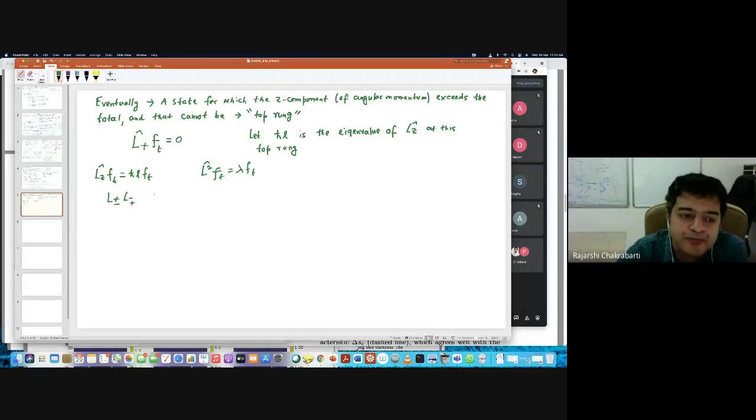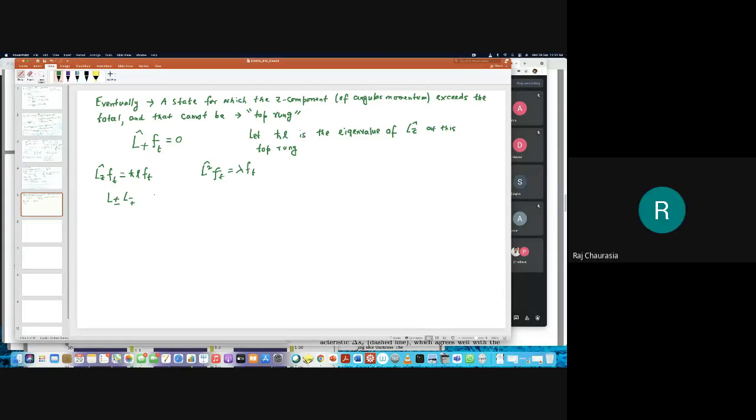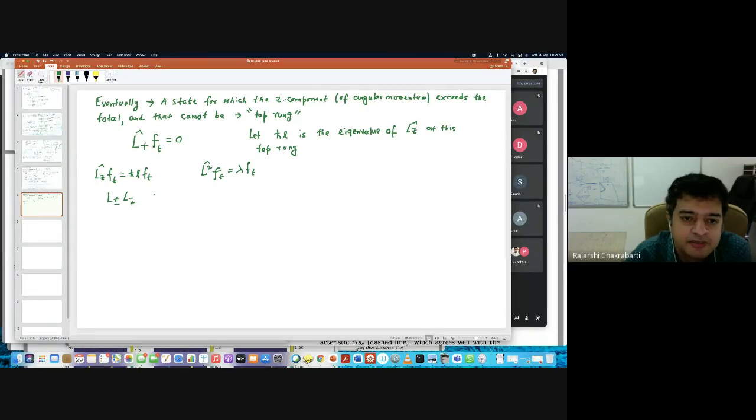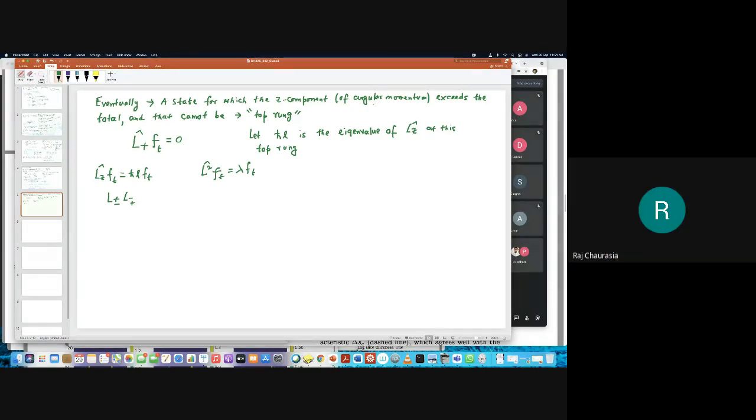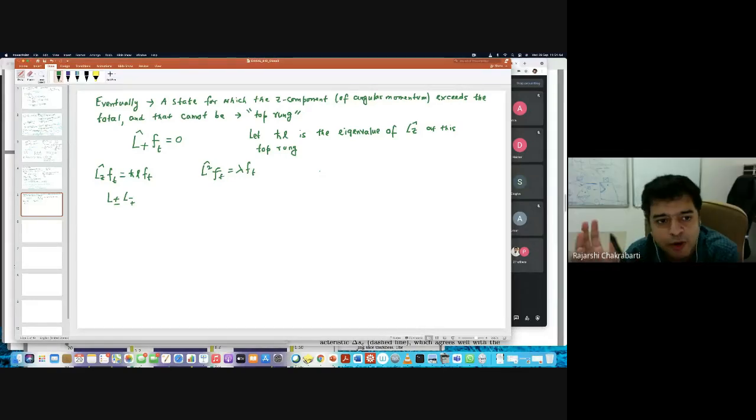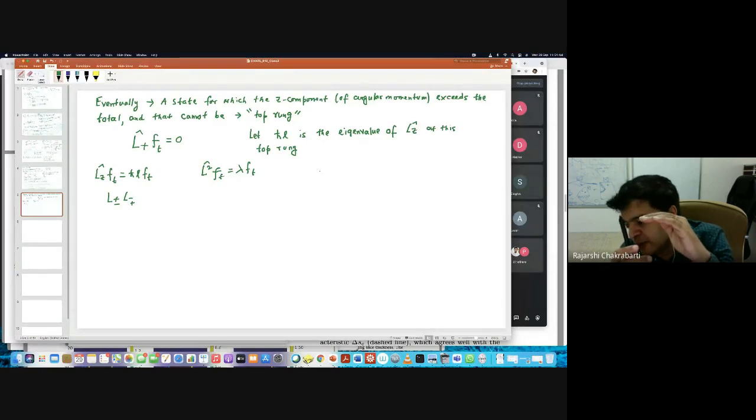Sir, it means that it will not raise the function. It cannot raise the function. Yes, because there is nowhere to go, because it will then break this. Sir, after a certain state we will get a zero value, right? For a given value of the total angular momentum, there is always a topmost state possible for Lz, because it cannot exceed.